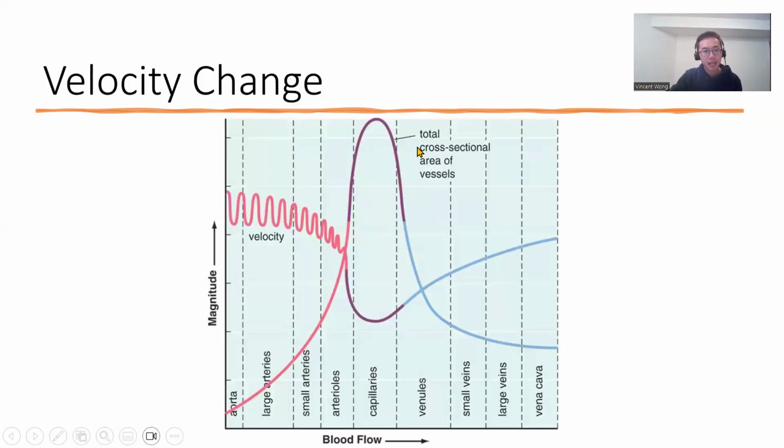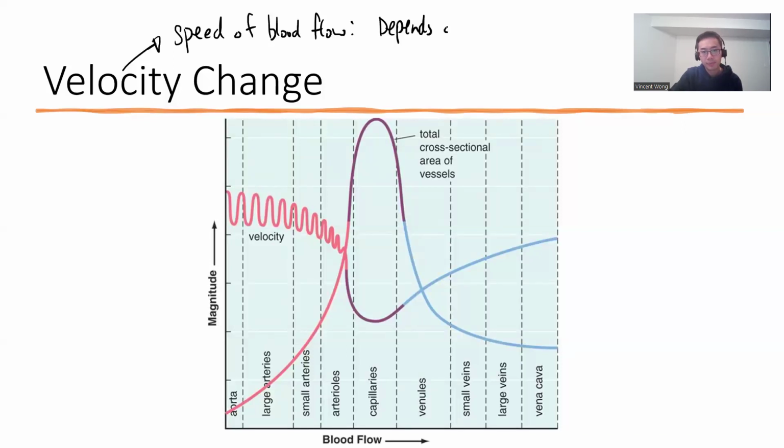Next, we have velocity change. Velocity is basically the speed of blood flow. Okay. So it depends on two things. Number one, blood pressure. And number two, vessel diameter.